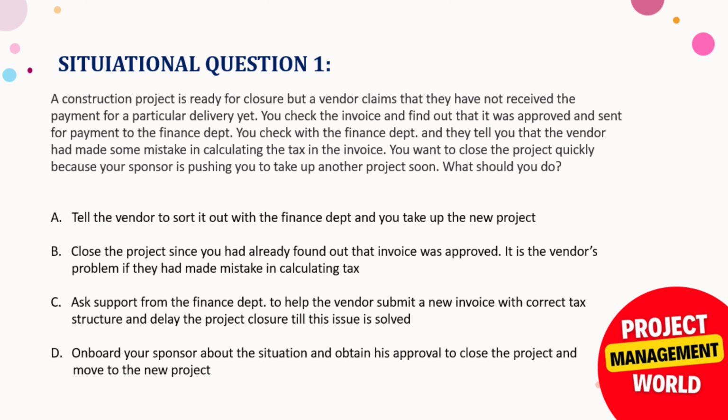So this is also not ideal project manager behavior, and this option is also ruled out from here. And now option C, we have ask support from the finance department to help the vendor submit a new invoice with the correct tax structure and delay the project closure till the issue is solved. So this looks like a good option, so let's hold it for now because you have one more option left.